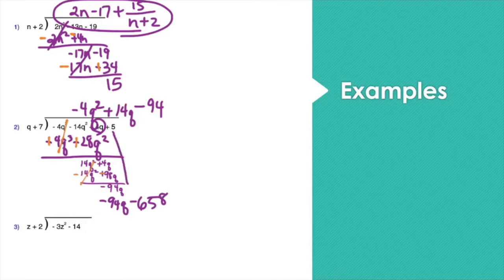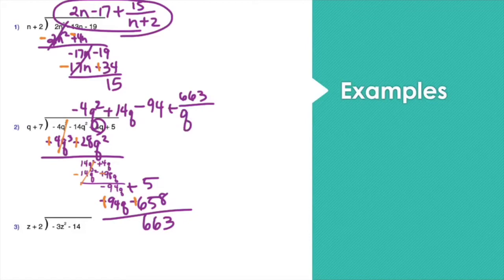We didn't bring our plus 5 down there. Let's bring our plus 5. We're going to change the sign. And so we'll have 663 as a remainder. So we'll write plus 663 all over q plus 7.